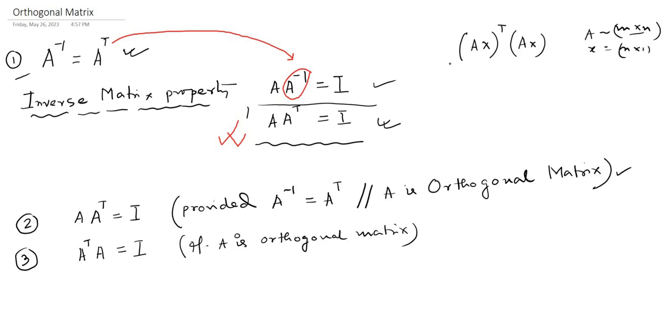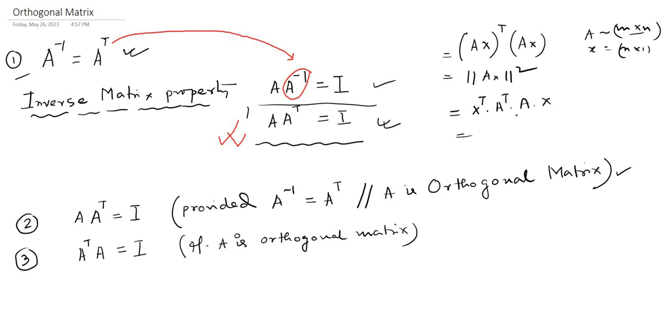Just remember these things. This is nothing but the norm square of AX. But if you remember the transpose rule, the transpose of AX means X transpose times A transpose times A times X.